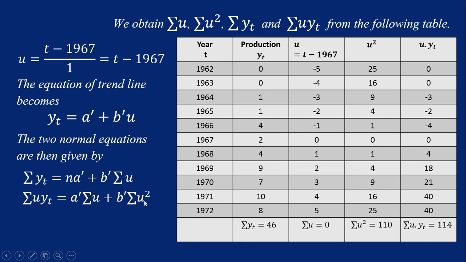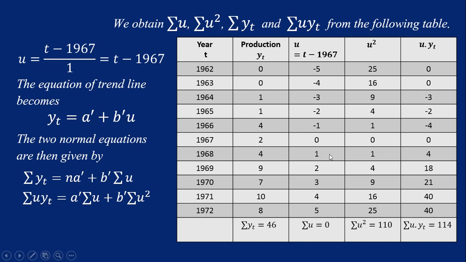Summation u square is there, so we have to make a column for u square, and adding all these values we get summation u square. Again here summation u yt is there, so we have to form a column for u yt. Here the values for u and here the values for yt, taking their product gives u yt, and addition of this column will give summation u into yt.